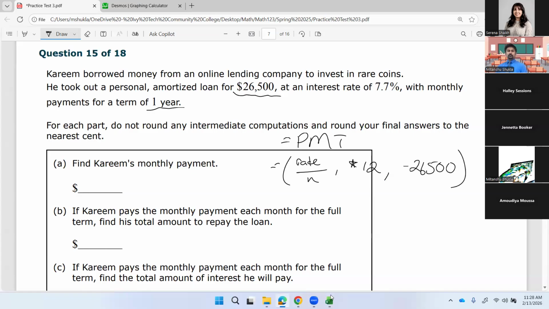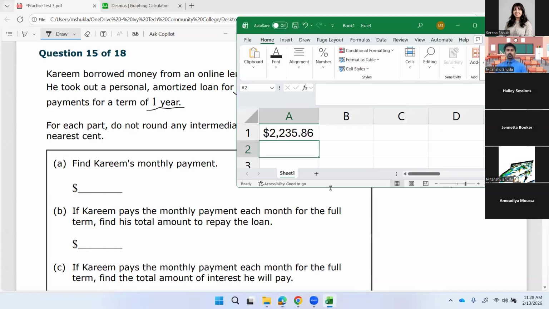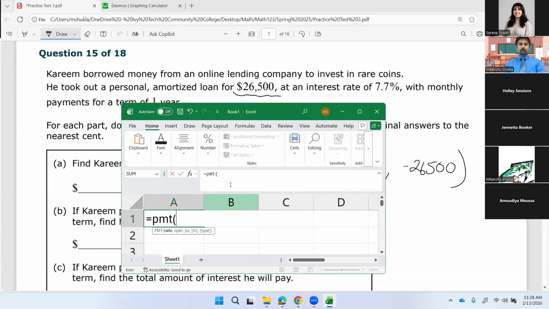And let's see what Excel tells us. So we're going to do equals PMT. Our rate is 0.077 as a percentage.